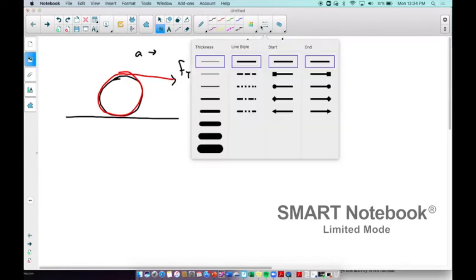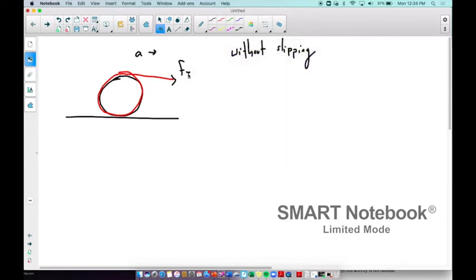Okay? So let's think about what this tension force is doing. I know that tension force is responsible for several things. First of all, it's responsible either fully or partially for the fact that this thing is accelerating to the right. And it's also going to be responsible for producing a torque that gets the thing to rotate.